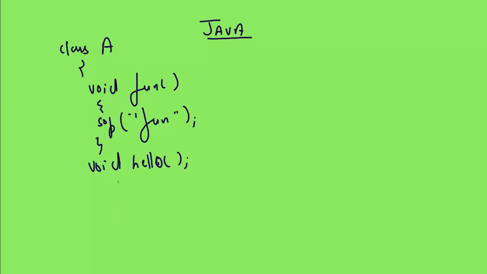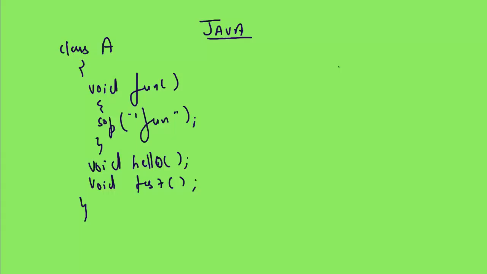Now I'll end the method here itself. Void test. I'll end the test method also here itself. Okay. Now when I try to create an object, a is equal to new A, and when I say a dot fun it will be printed, but when I say a dot hello, will something be printed?